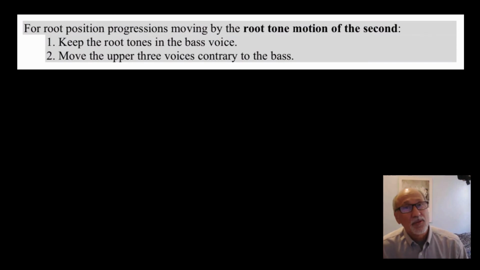Now, this rule actually makes a lot of sense, because if you think about it, if you're going to take a chord and you're going to move it by root tone motion of the 2nd, that's just a step up. If you move all of the notes a step up, can you see that you're going to have parallels? You're going to have parallel 5ths, you're going to have parallel octaves, all those forbidden parallels we talked about in the last module.